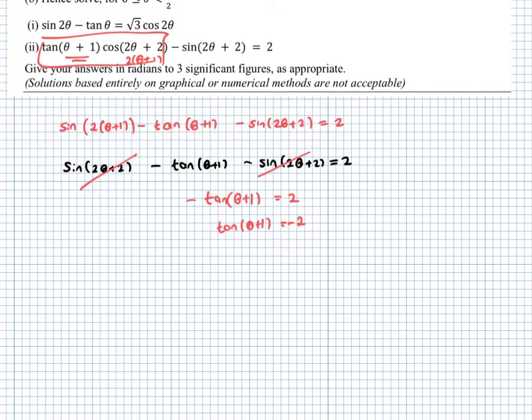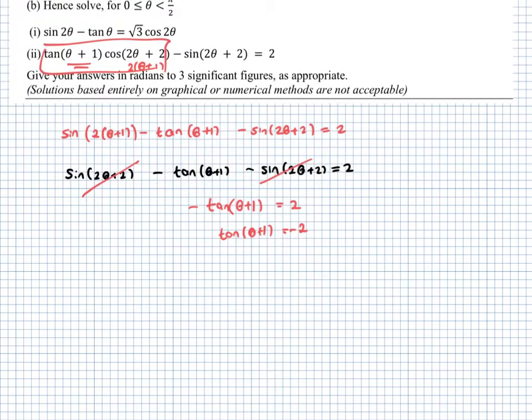So here theta will come arc tangent minus 2 minus 1. So if you do this with your calculator, you will get theta is equal to 1.03 radians, and that will be the answer.